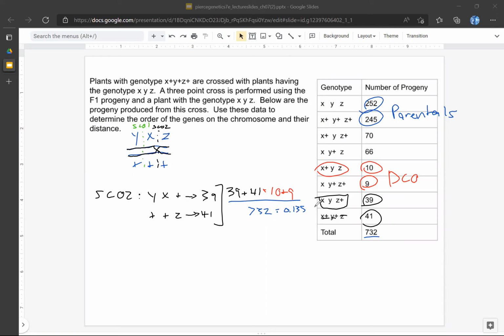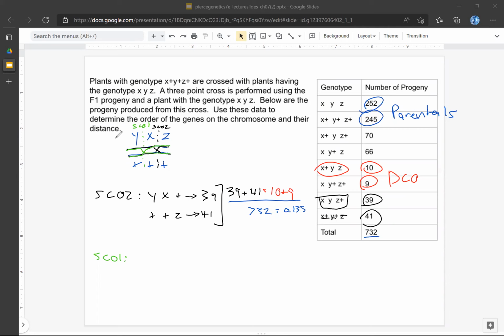And let us now move on to single crossover 1, which happens right here. So we would have our crossing over.